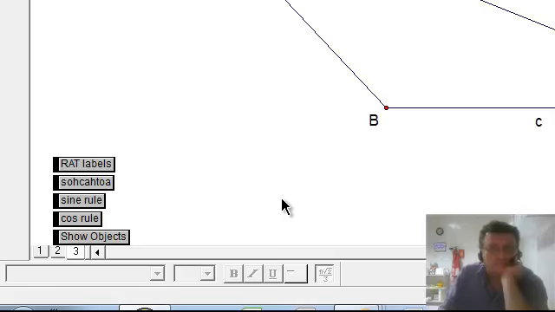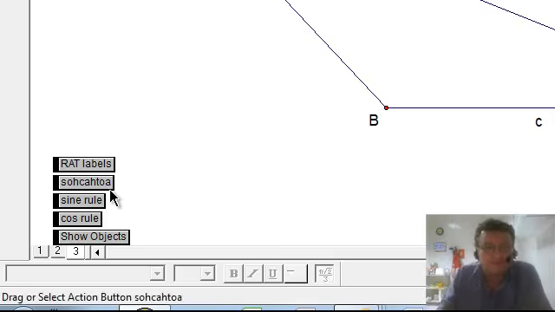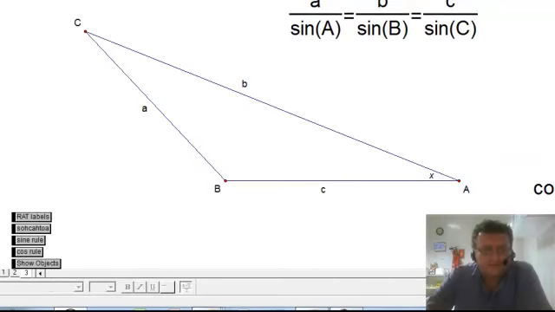Which I'm sure are just at the front of your memory, and you've never ever forgotten these things at all. Well, the purpose of this tutorial is to make you think maybe we can expand on this. Let's not just be restricted to triangles.